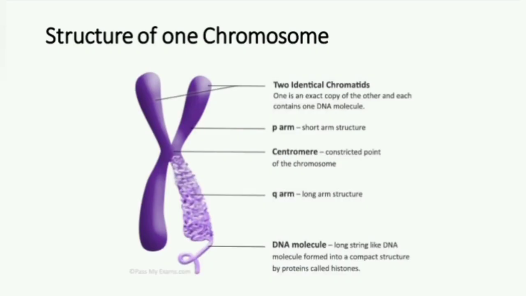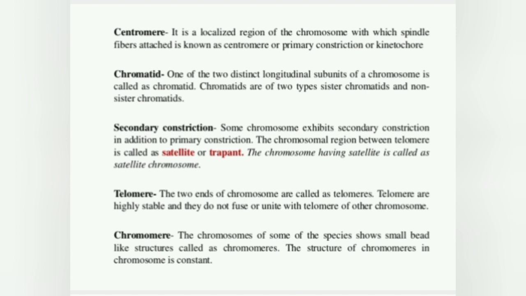Second one is chromatid. One of two distinct longitudinal subunits of a chromosome is called a chromatid. Chromatids are of two types, sister chromatids and non-sister chromatids, as you can see in the picture given.